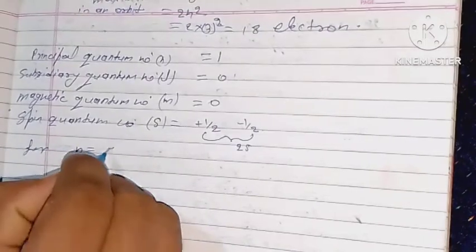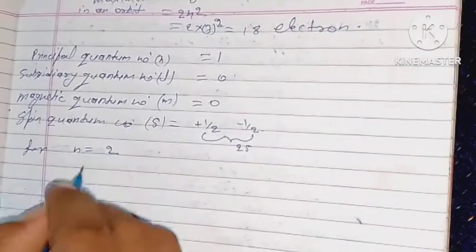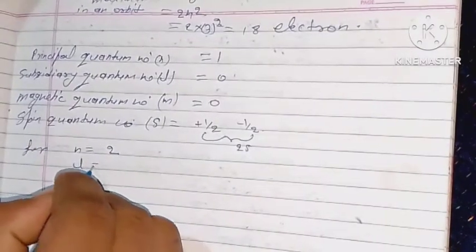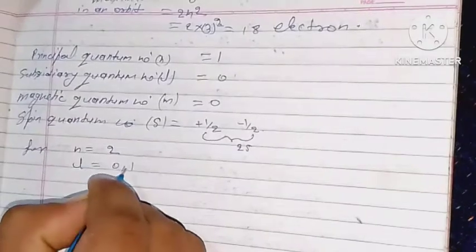For principal quantum number n equal to 2, the value of l equals 0 and 1.